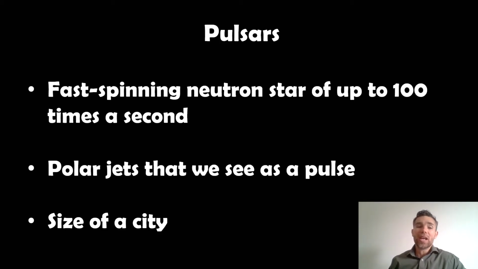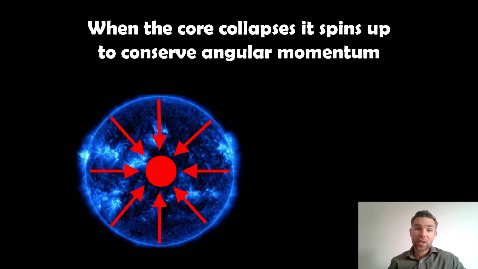Now, those high energy jets are not at the rotation axis. So they're not at the rotational poles. So we'll come back to that. But the reason why they spin so fast is that they are conserving angular momentum. So if the star was rotating, we know that the sun takes approximately a month or so, it's actually less than a month, and it rotates at different speeds depending on the latitude.